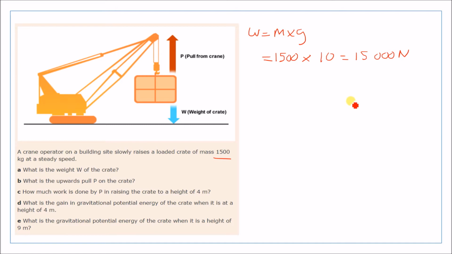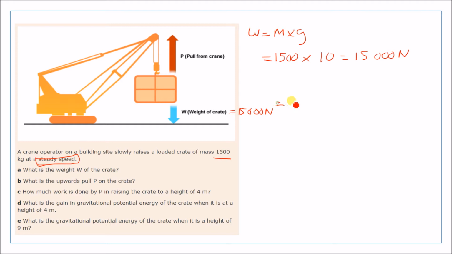Now the next question says, what is the upwards pull on the crate? Well, we know that the downwards weight we've just worked out is 15,000 newtons. In the question it says it's been pulled at a steady speed. Now a steady speed means a constant speed, and that means no acceleration. If there is no acceleration, then we know the forces must be balanced.